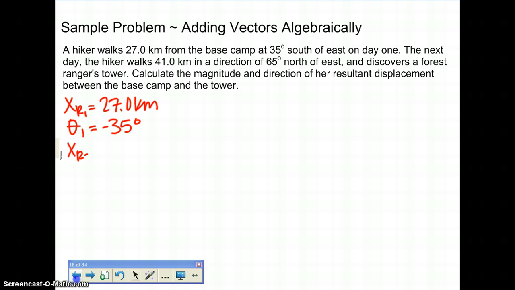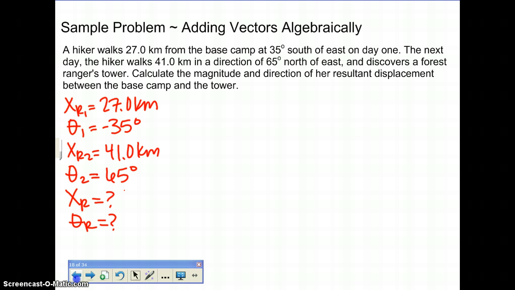And then on the second day, she moves a total of 41.0 kilometers, at an angle of 65 degrees north of east, so that would be a positive 65 degrees. So you want to find the R and the theta R for this problem.